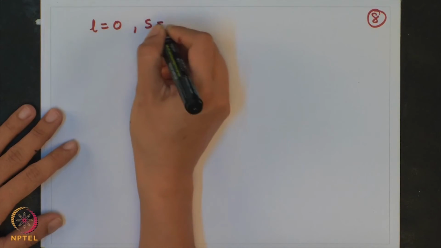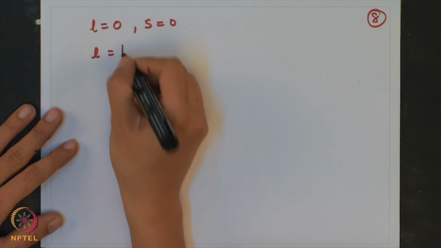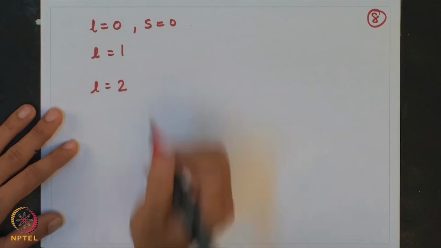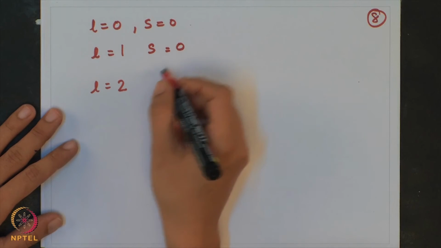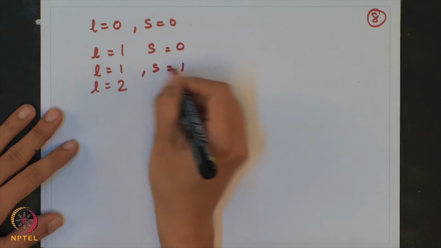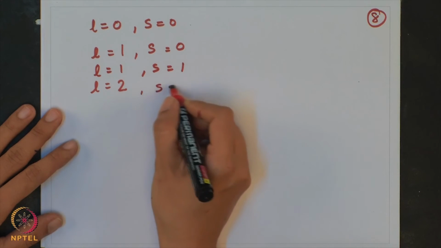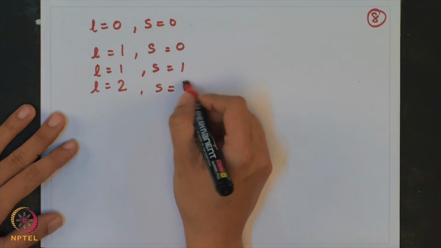So I can take L is equal to 0, S is equal to 0, L is equal to 1, L is equal to 2 with S is equal to 0, then L is equal to 1, S is equal to 1, and L is equal to 2, S is equal to 1.